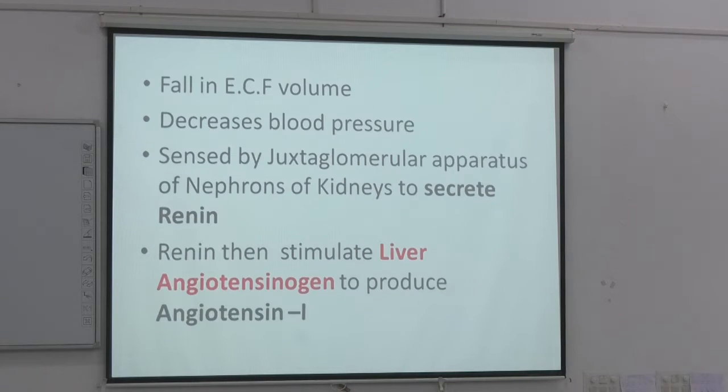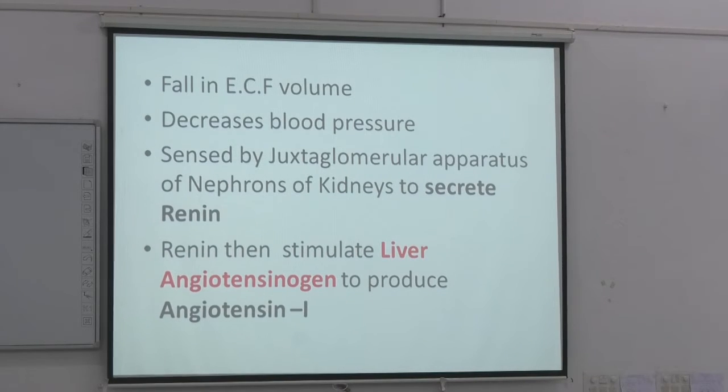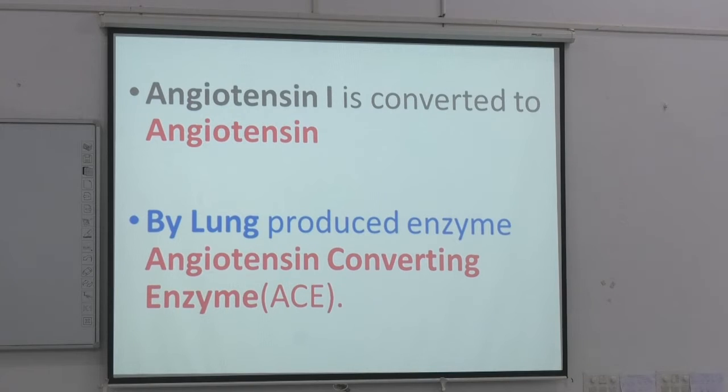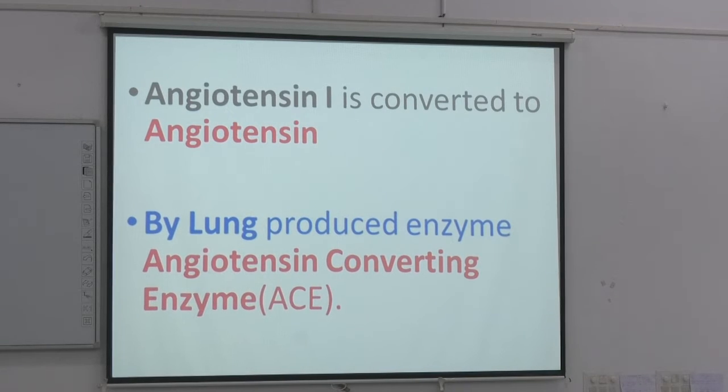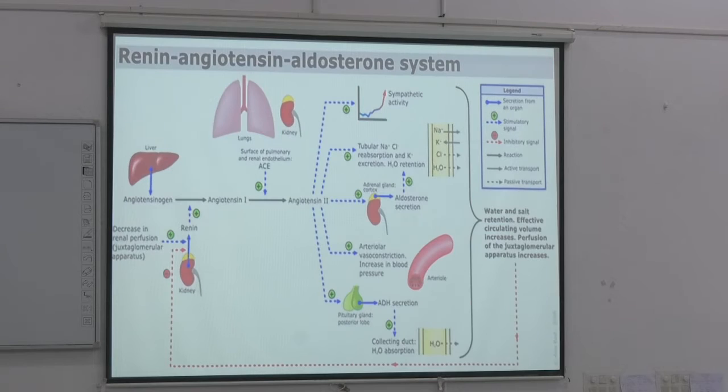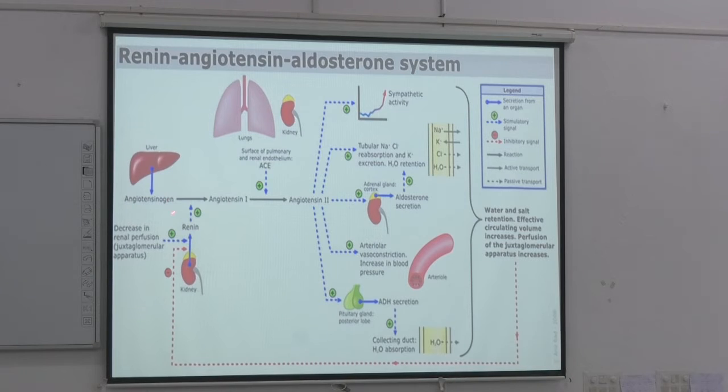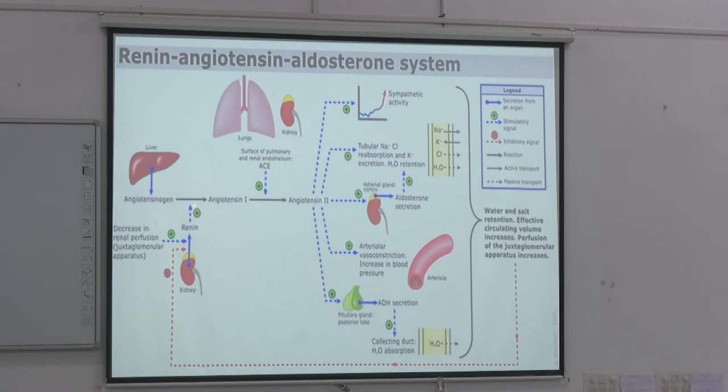Now we see the second factor. Now you see this particular figure, we understand that these are secreted. Angiotensin is basically secreted by the liver and it is converted into angiotensin first and then angiotensin second by the converting enzyme.